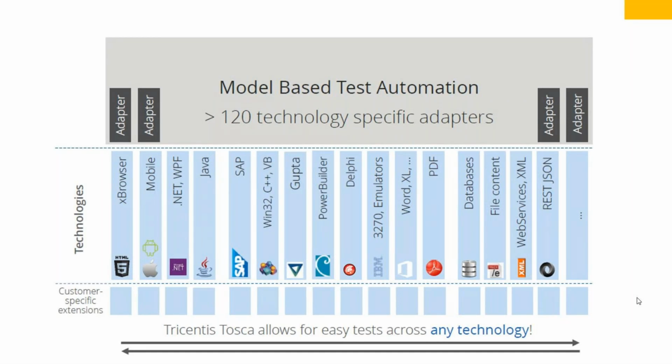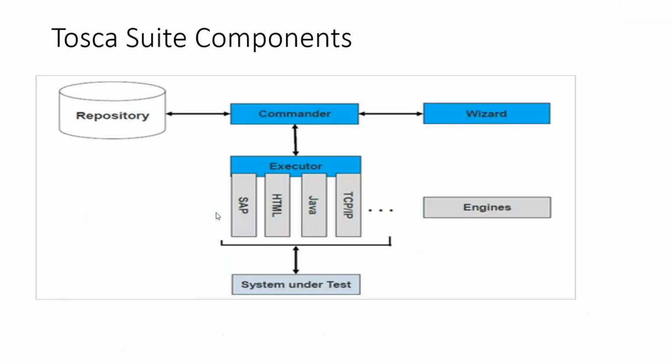Mobile is one adapter, Java is one adapter. An adapter is nothing but an application, you can think. And this is PDF, databases, file content, REST JSON. So any technology you can pick, almost all the technologies Tosca will support, and you can automate your test cases on that.